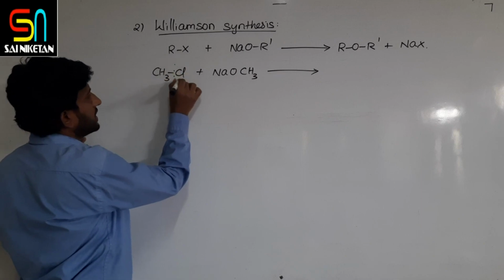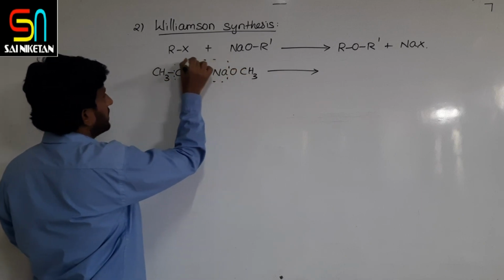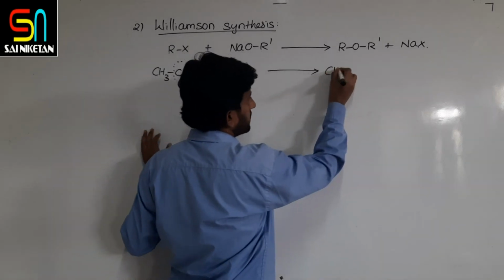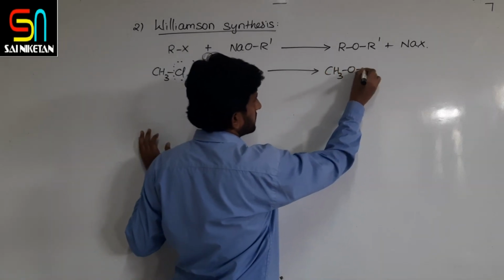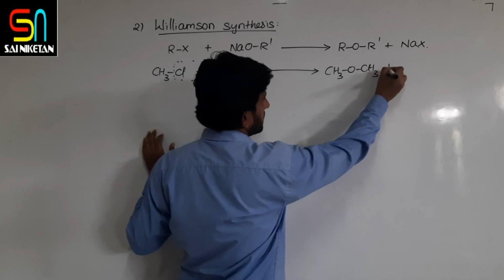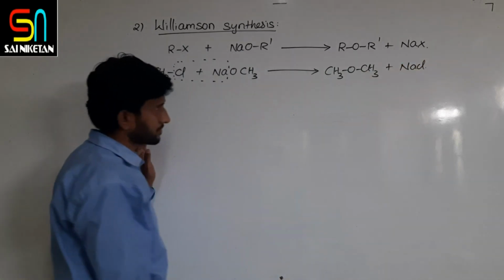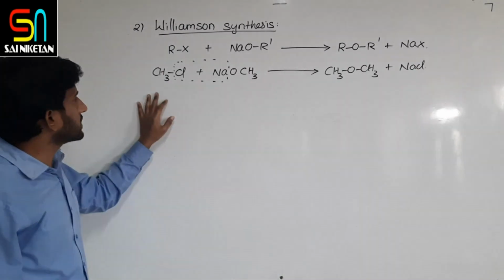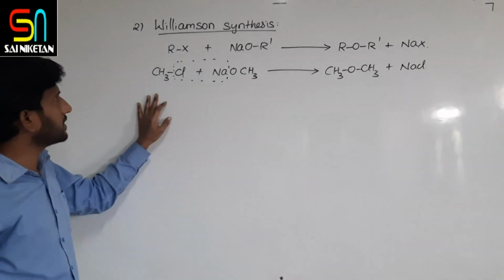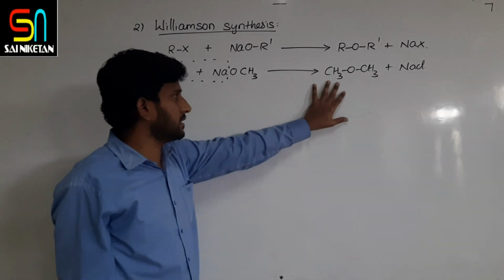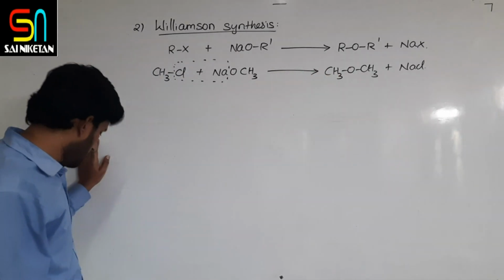I will remove this Na and Cl and simply attach this OCH3, giving CH3OCH3 plus NaCl. So this method of preparation is the Williamson preparation method. You get dimethyl ether and NaCl.